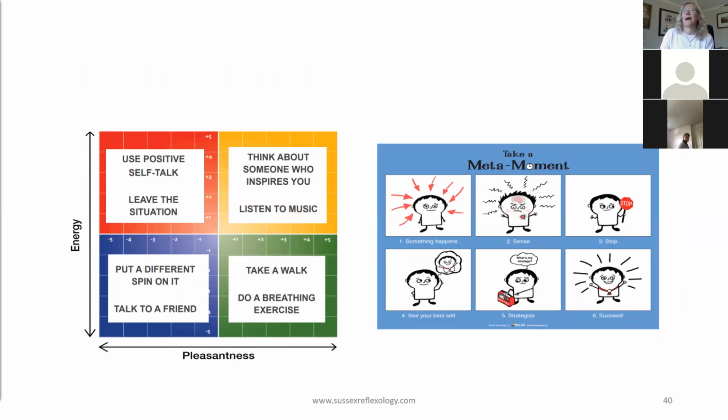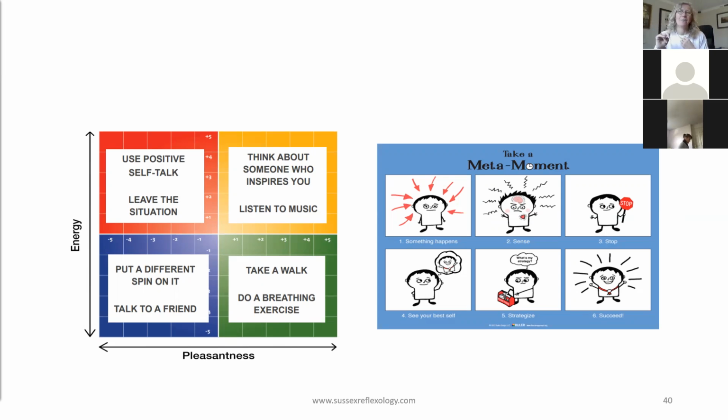And then they talk about taking a meta moment. Obviously each day, we all feel many emotions. We could have thousands of emotions every day. In fact, we might even have 3 to 5 emotions every minute. But it's also interesting to think about how much time we spend in each one of these quadrants.